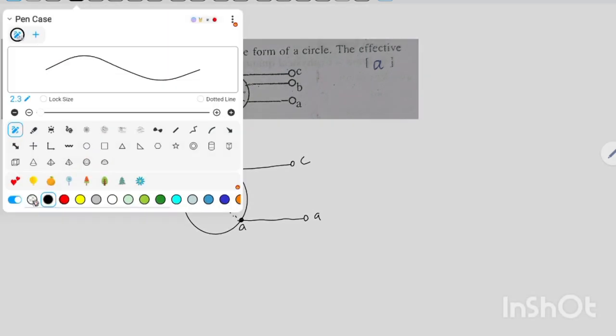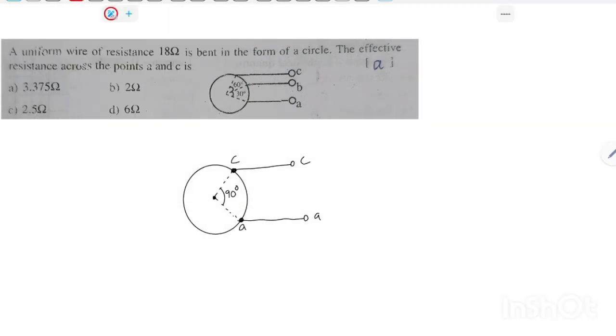How can we consider that? Let me show you. From C to A, this is one part of the wire which is connected, and between C to A, this is another part of the wire which is also connected. So between C and A there are two resistors which are connected in parallel.